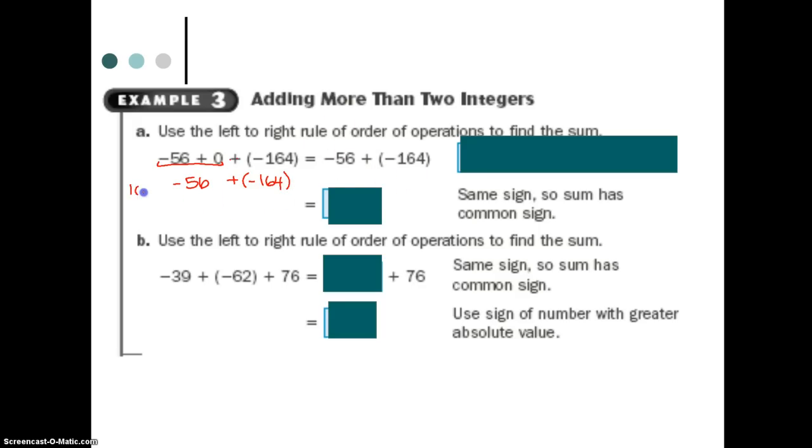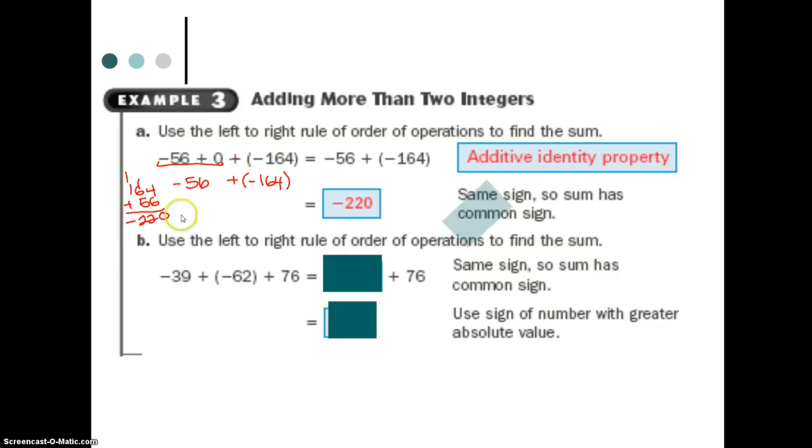What is 164 plus 56? 6 plus 4 is 10. 6, 7, 7 plus 5, 12, carry the 1. You have 220. However, before you put down that that's the answer, what is the sign? Common sign is negative 220.